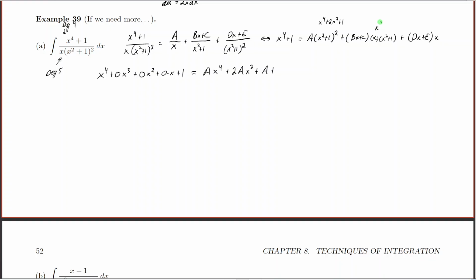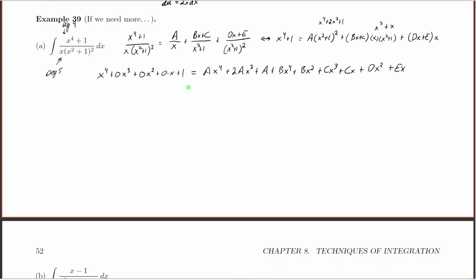This is going to be x cubed plus x, and then multiply that through by Bx plus C. So we'll have a Bx to the 4th, Bx squared, and then Cx cubed and Cx. And then with this last term, Dx squared plus Ex.